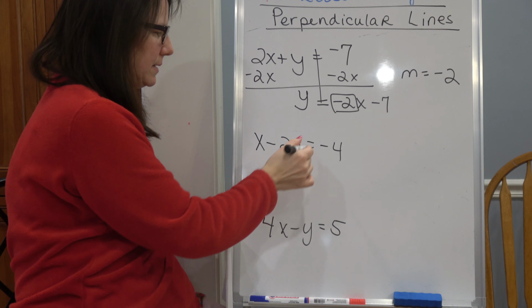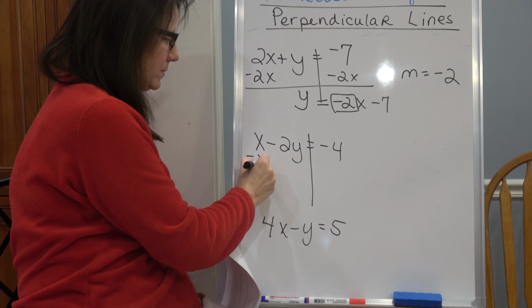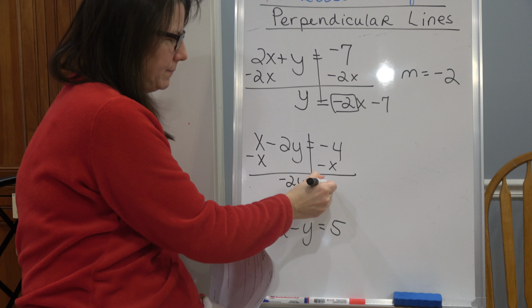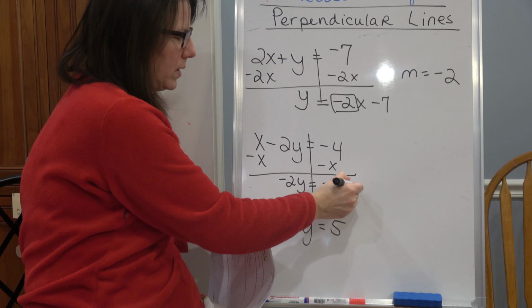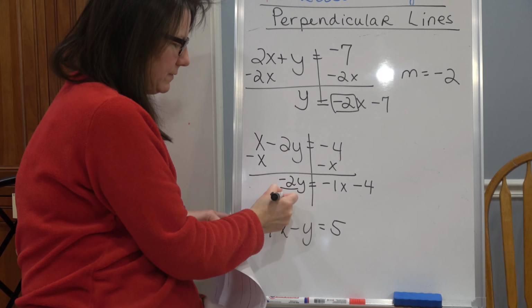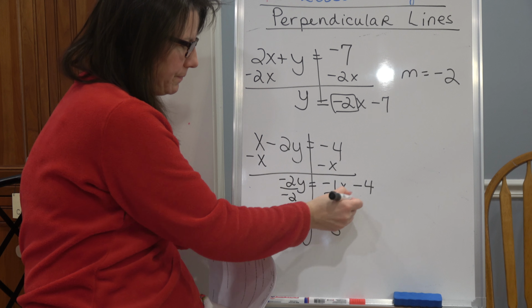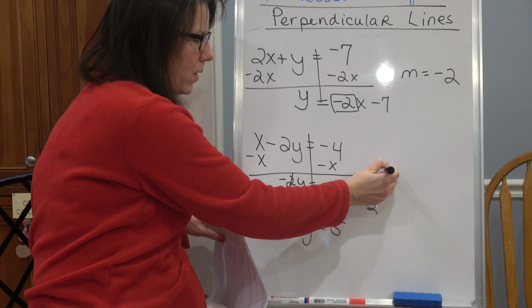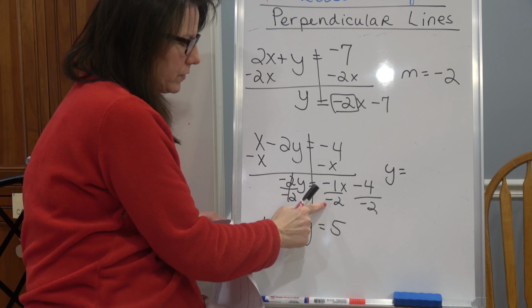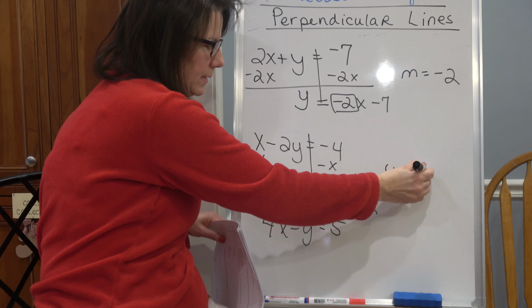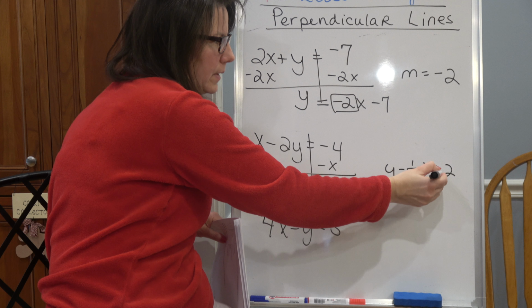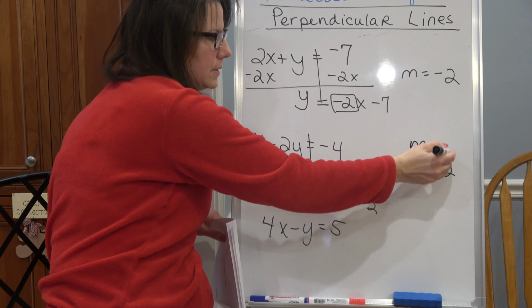For the second, we need to get it into y equals mx plus b form, so subtract x. Put a 1 in front of the x: negative 1x minus 4. We still have to divide by negative 2. So this equation becomes y equals 1/2 x plus 2, because a negative over a negative is a positive. So this slope is 1/2.